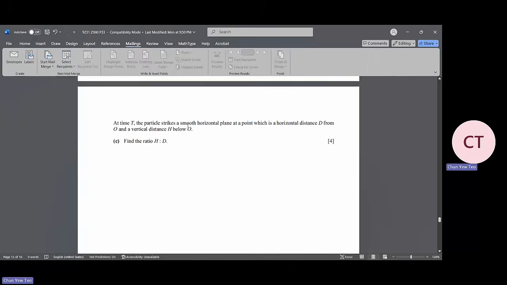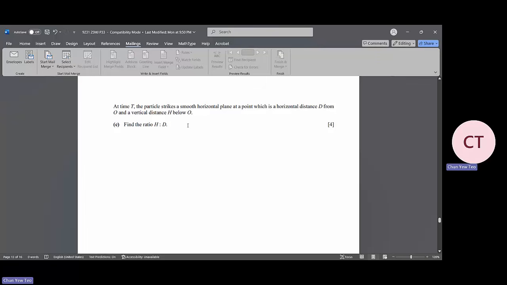Now move on. 7C. At time T, the particle strikes a smooth horizontal plane at a point which is horizontal distance d from O and vertical distance h below O. Find the ratio of h to d. So we need to have a diagram. At first, you project it with the speed of u at an angle of 45 degrees, then after that it drops down.